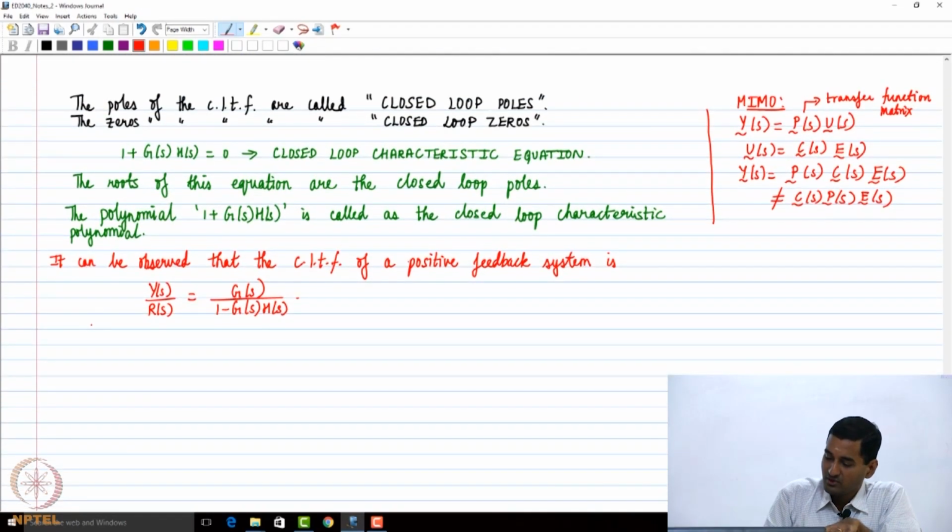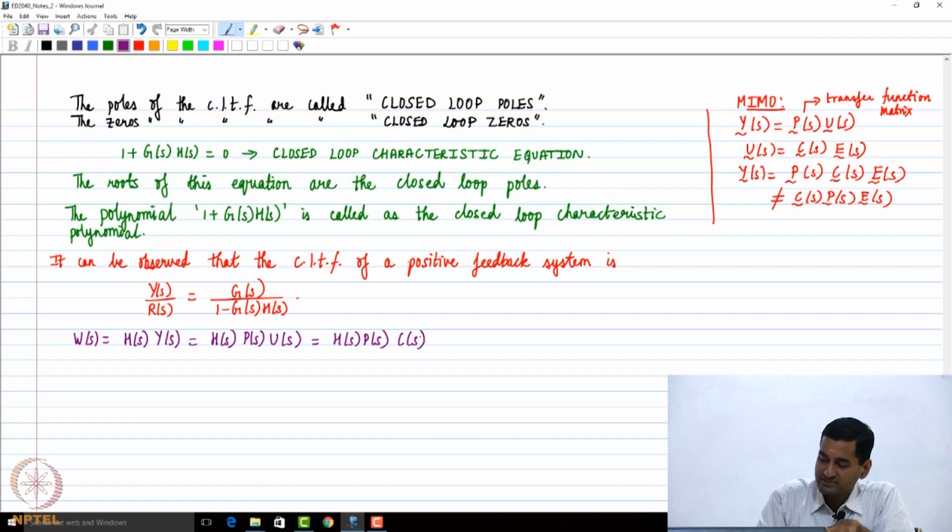So what is W(s)? Let me derive W(s). W(s) is going to be H(s) times Y(s). Y(s) is equal to P(s) times U(s), and U(s) is equal to C(s) times E(s).